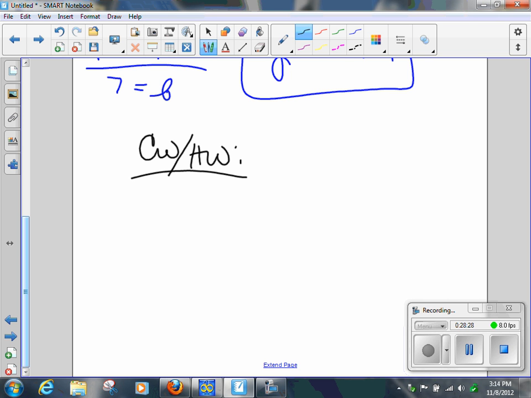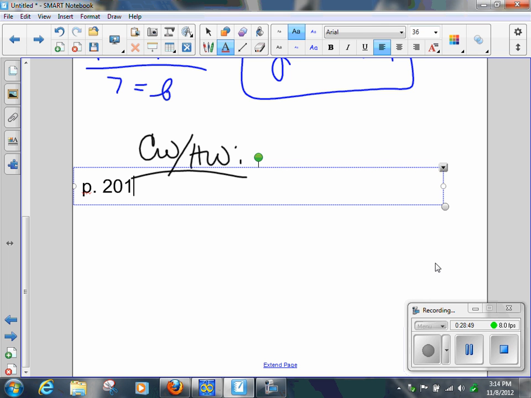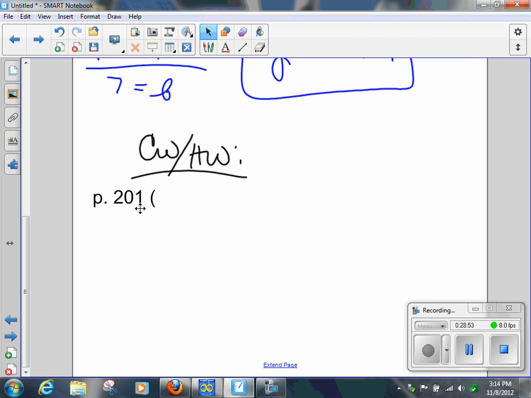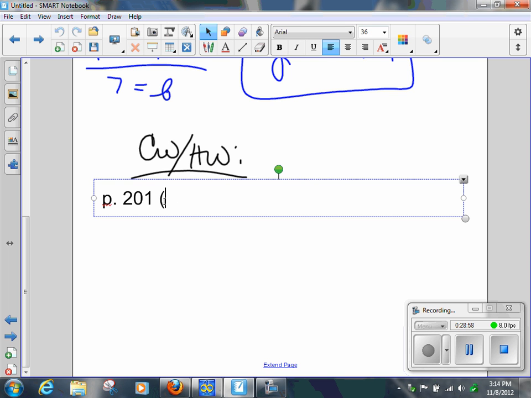Here's what I need you to do. I need you to flip to page 201. And y'all know, no matter what the instructions say, I want it always in slope-intercept form, right?